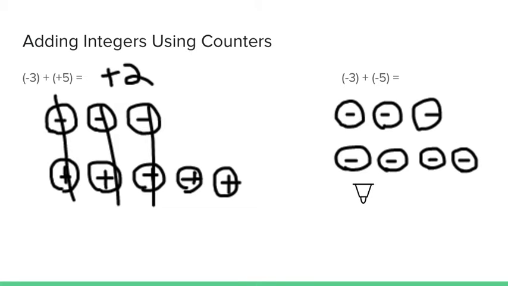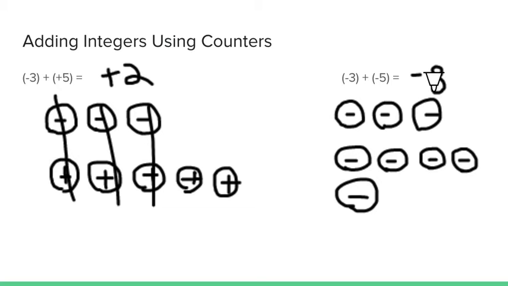One more. You'll notice I have no positive integers to cancel out with. So all I'm going to do now is count the total of negative integers I have. So I have 1, 2, 3, 4, 5, 6, 7, 8, which means that our answer is negative 8.